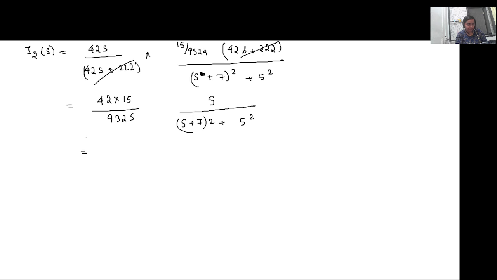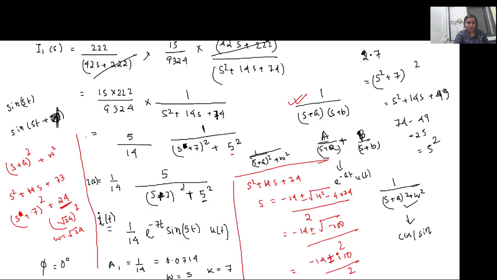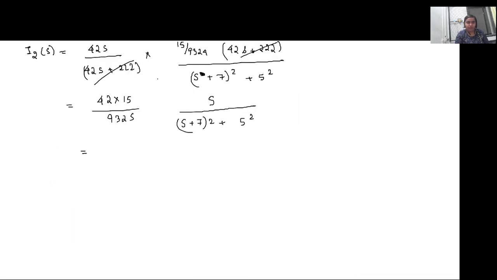So it is 42 into 15 by 9324. Sorry, I had written a mistake, it is 9324. So 42 into 15 by 9324 is 5 by 74.